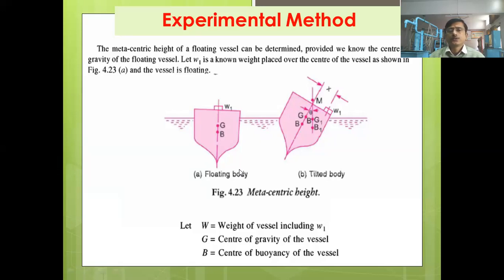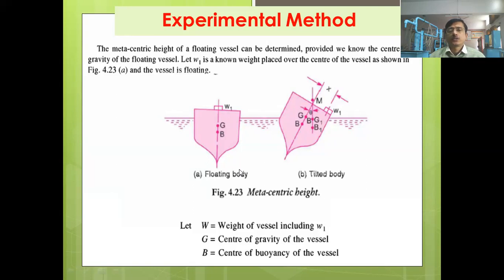Right. So you can see on the screen, there is a floating body, or you can say a floating vessel. The points have been shown there. Z is shown, then G is shown, where capital G is the center of gravity of that floating vessel, and capital B is the center of buoyancy.